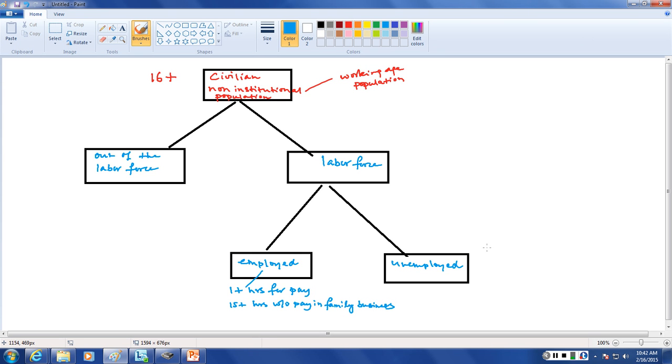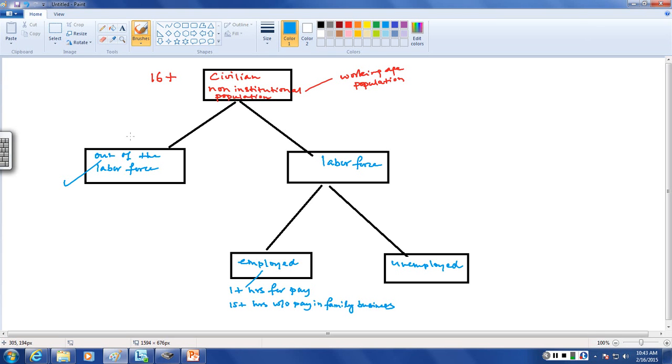Is that correct? So if you are someone who reports that you didn't work at all, the next question the government will ask you is, did you actively look for work in the past week? And if your answer to that is no also, the government will stick you in this box. You're out of the labor force.